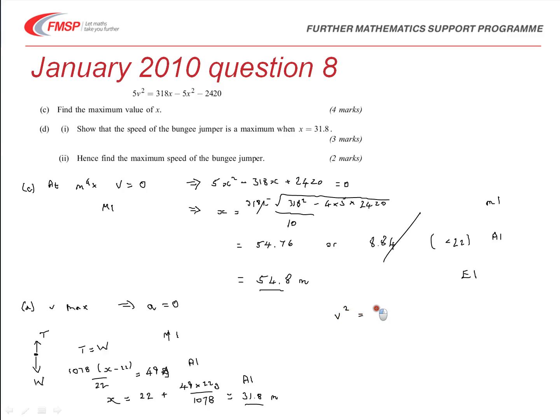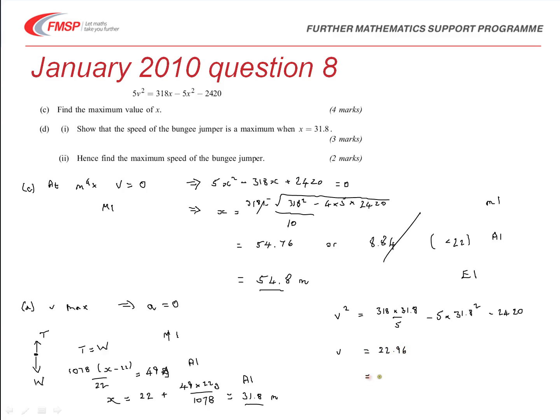318 lots of x, so that's times through 31.8, over 5, minus 5 times 31.8 squared, minus 2420, and then we can square root that result, so v will end up being 22.96.